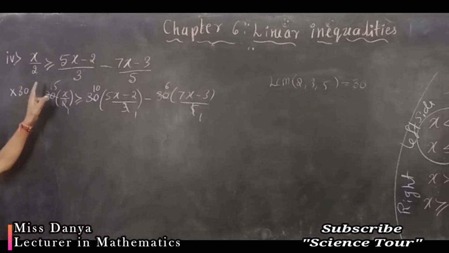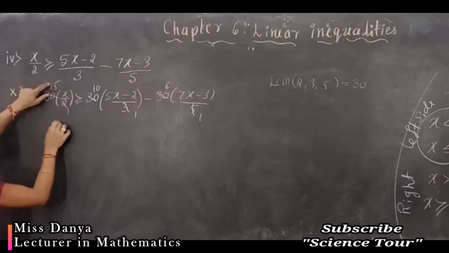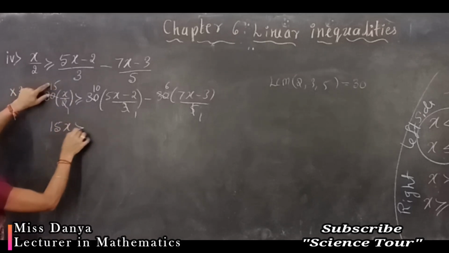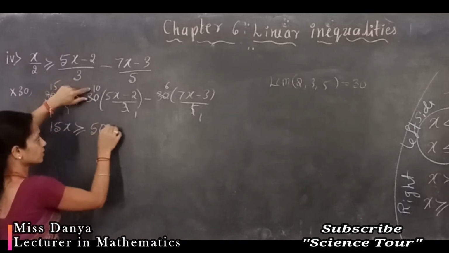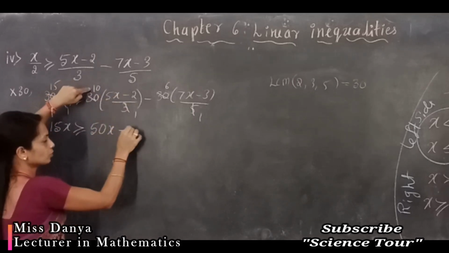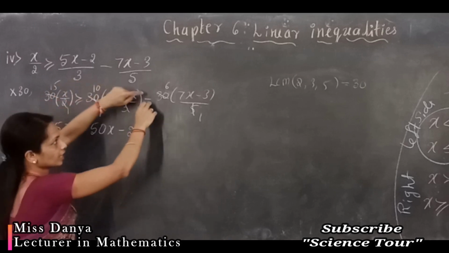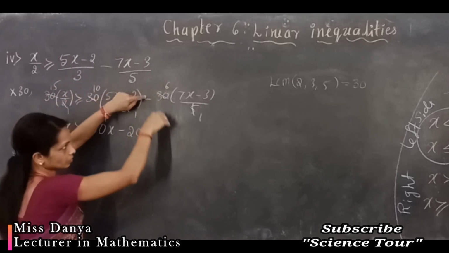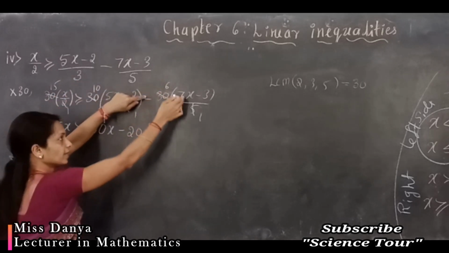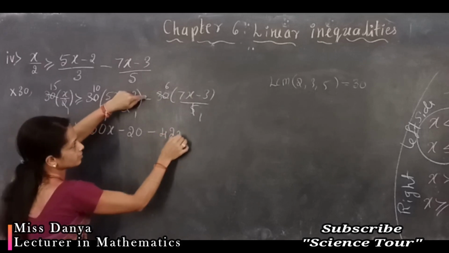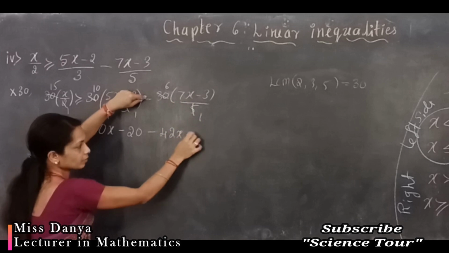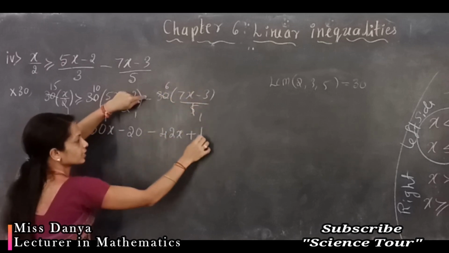Next, multiply the outside number inside the bracket. 15 into x is 15x, greater than or equal to 10 into 5x, that is 50x, 10 into minus 2, that is minus 20, then minus 6 into 7x is minus 42x, and minus into minus is plus, 6 into 3 is 18.